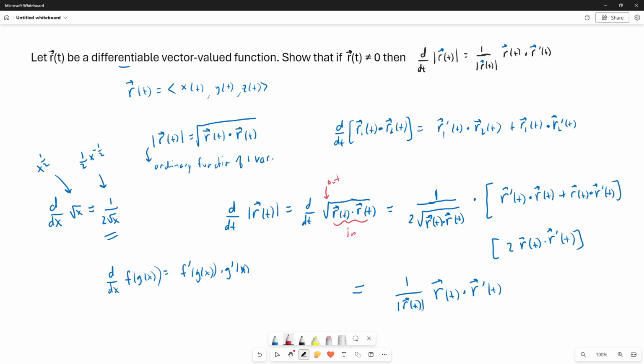But we could think of this as r over magnitude of r dotted with r prime, because then this is a unit vector in the direction of r, dotted with its derivative, the derivative of r. Okay, so that's the formula for the derivative of the magnitude of a differentiable vector valued function.